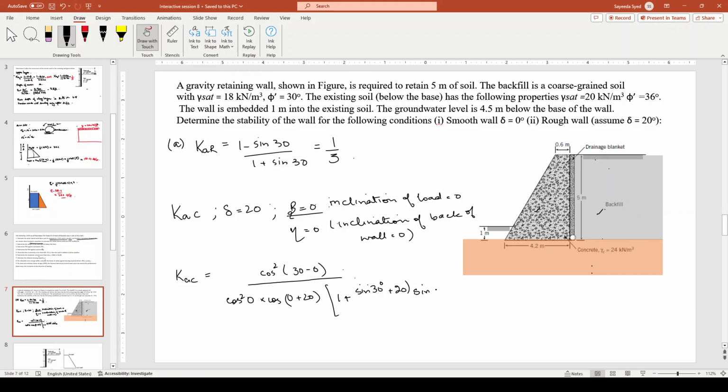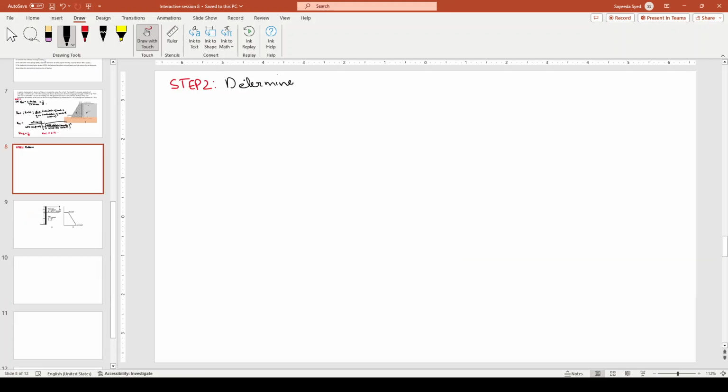Now for step 2, determine the lateral forces.